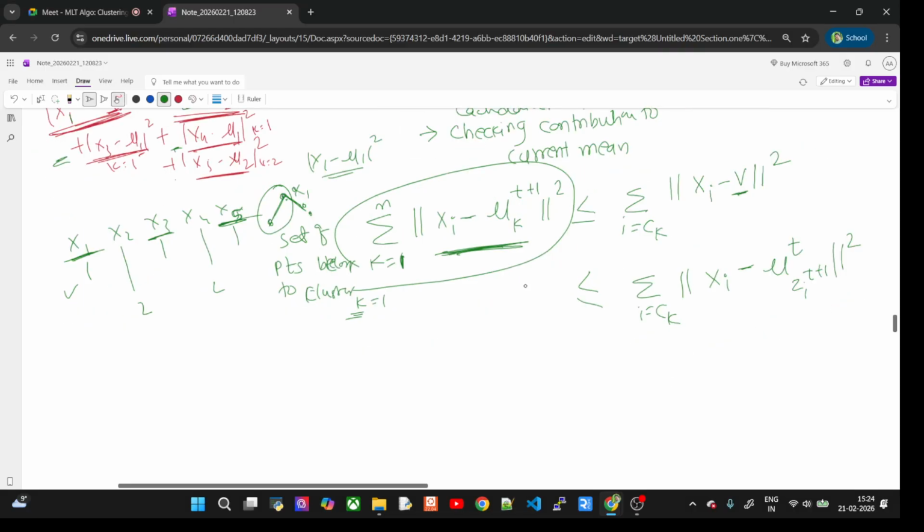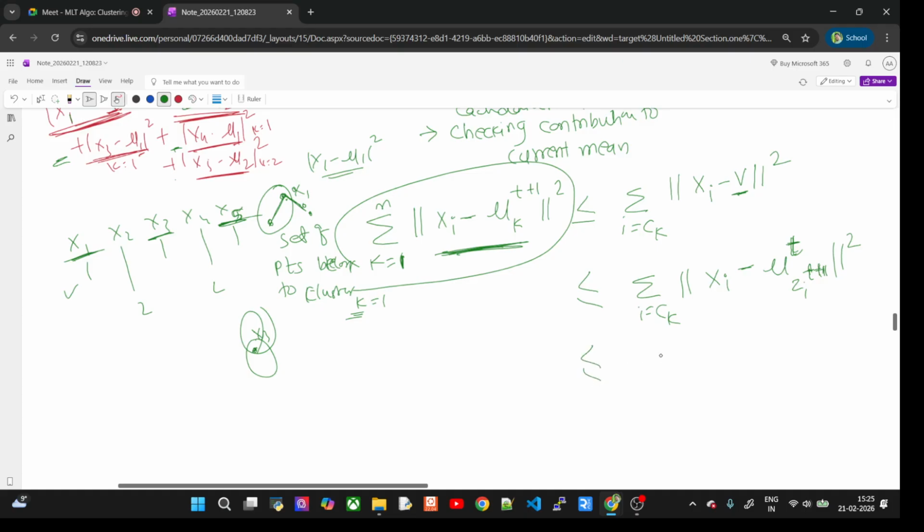So I'm now in the current iteration, but I'm thinking about my next iteration. This is the point x3. He is thinking, should I be happy with my current cluster, or should I go to the next cluster or not? So this is the current iteration, but he is thinking about t plus 1, my next mean value.